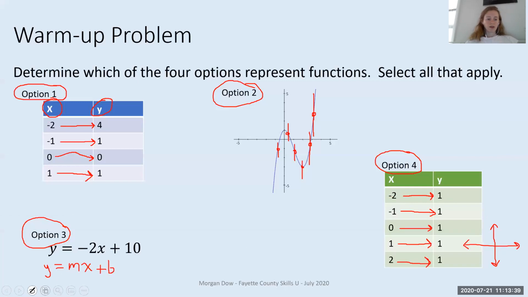So we would have a horizontal line. This is telling us that no matter the x value, we always have a y value of 1. So it's just a flat line. We're always at a y value of 1. So all 4 of these options are functions.